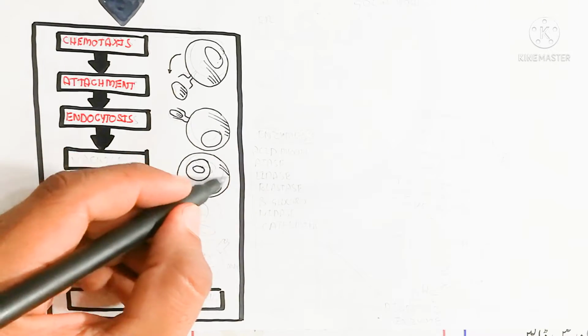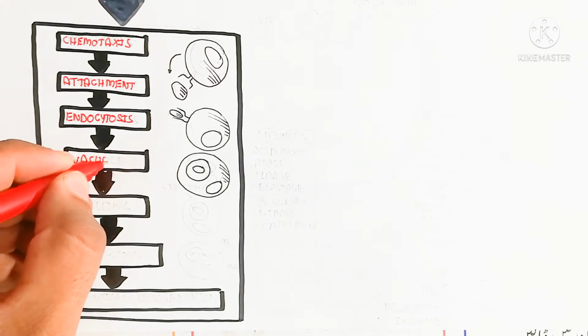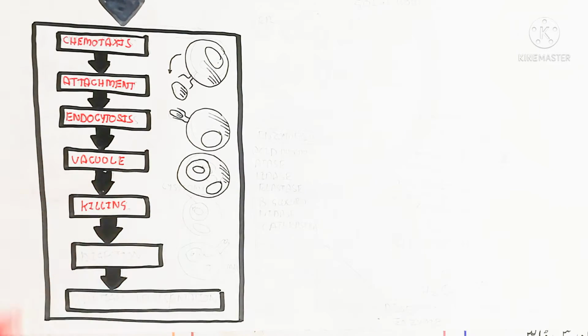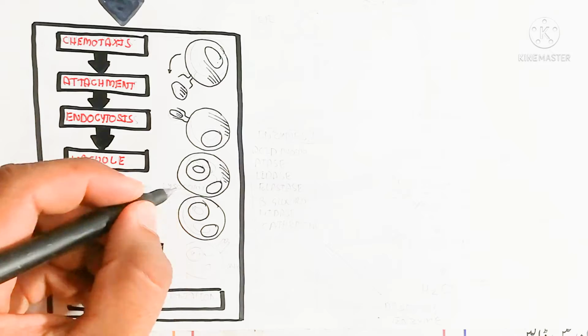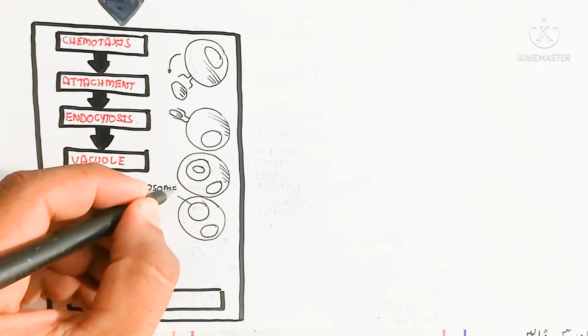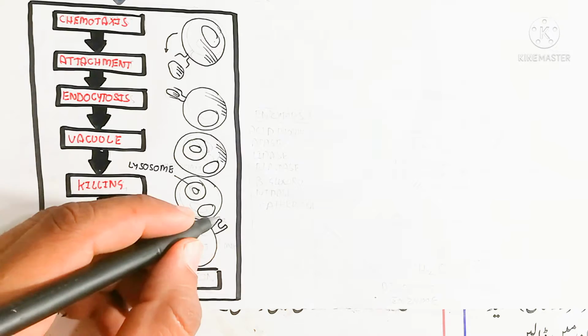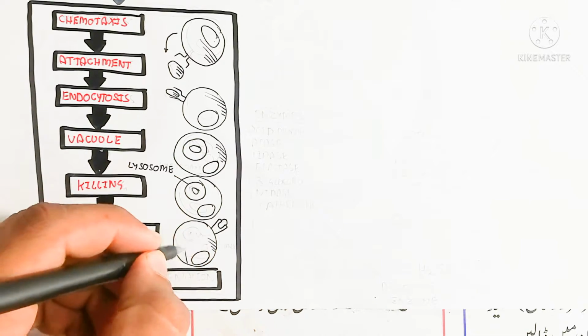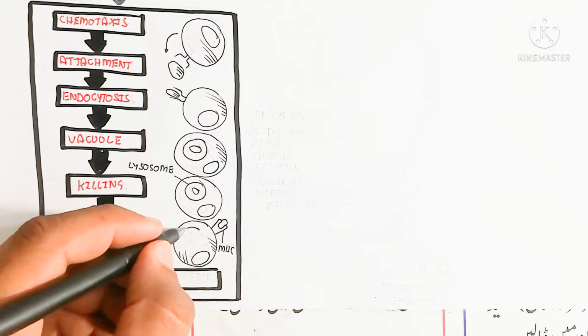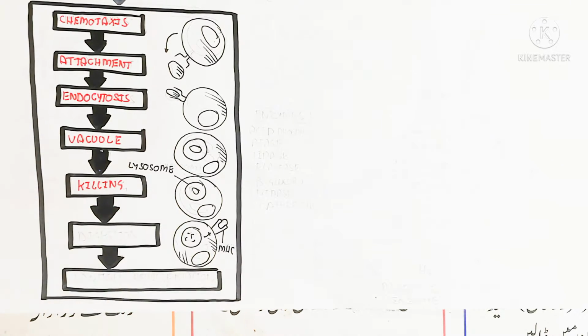After the vacuole forms, the lysosome will bind and the killing occurs through hydrolytic enzymes as well as cationic proteases, proteins, ascorbate, elastase, myeloperoxidase and lactoferrin. All of this is used for the killing.